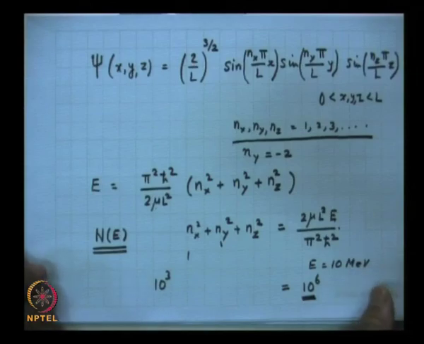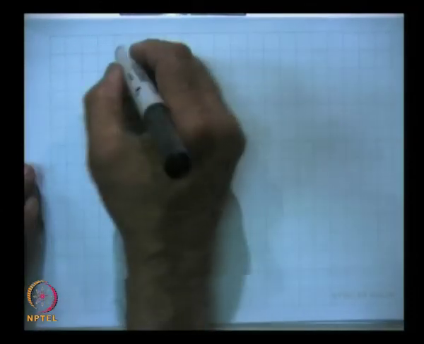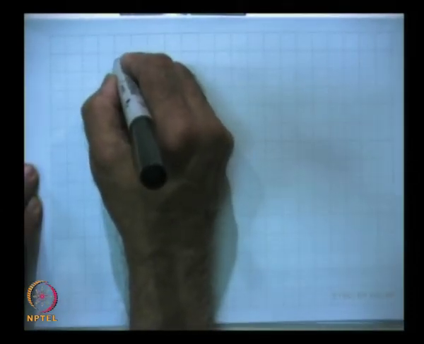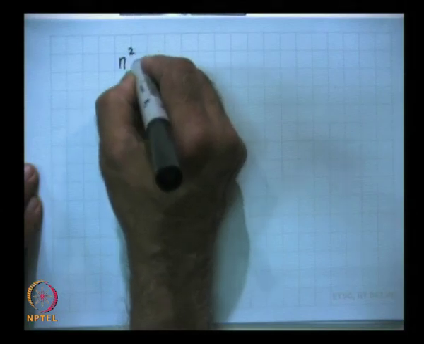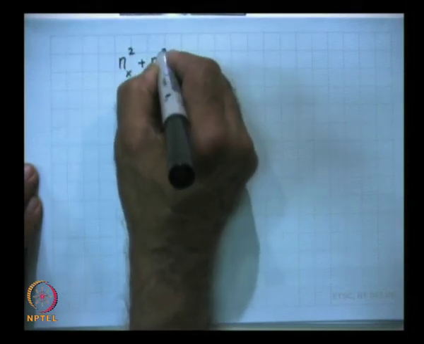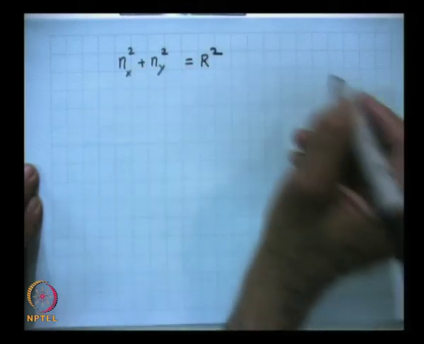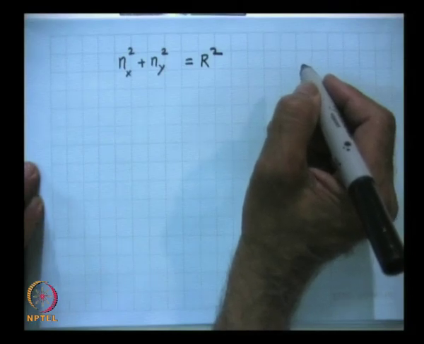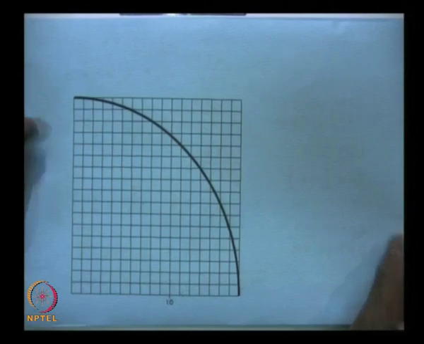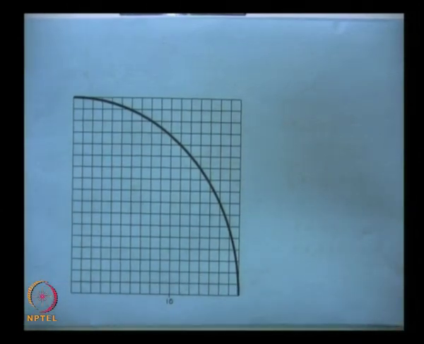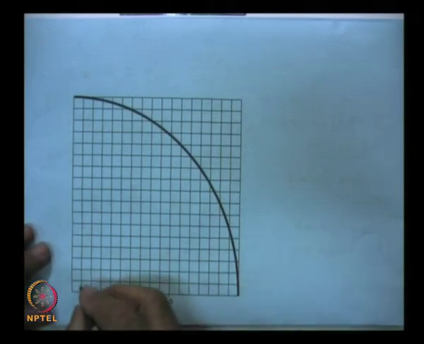Now, let me tell you the method of calculation, and before that let me do a simpler 2-dimensional problem, and that is, let me consider the total number of sets of integers such that the sum of their squares is less than r square. Now, in order to understand this, I have drawn a graph paper, and you see each corner on this is an integer.